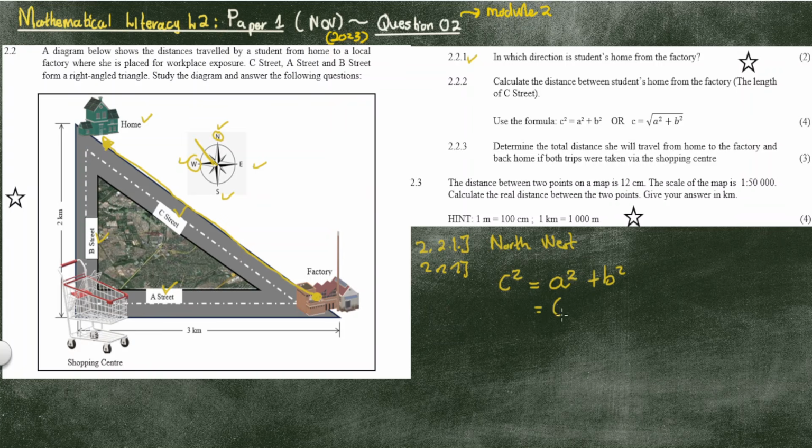What is A? 3 squared plus B, that's 2 squared. C squared is equal to 9 plus 4. We add, we get how much? 13.